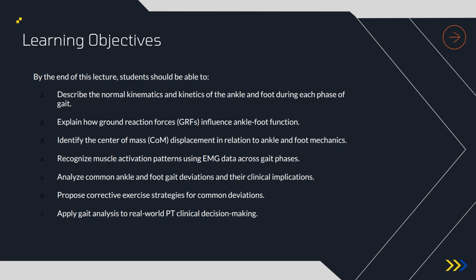Second, explain how ground reaction forces influence ankle and foot behavior, especially plantar flexion and dorsiflexion moments. Third, relate center of mass displacement to ankle and foot mechanics, because inefficient ankles mean inefficient gait.